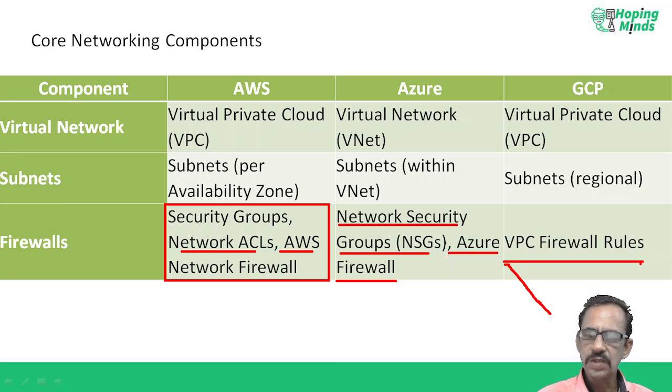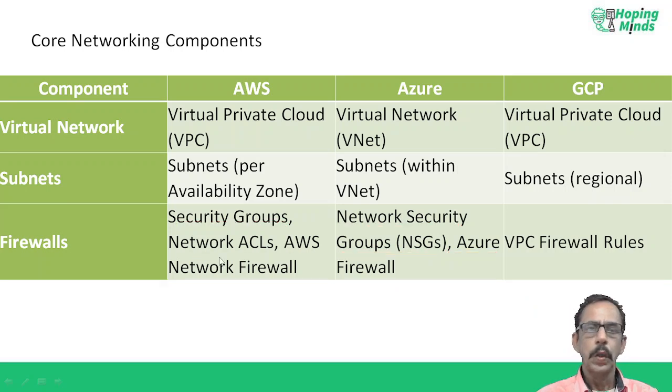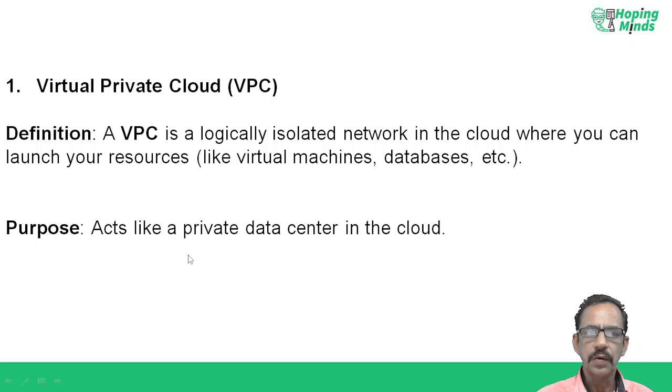No, its firewall is so strong that it's sufficient to protect your entire infrastructure. But in this case, no doubt the firewall is very strong, security group configuration is very strong, NACL itself is very strong. But still, we want to provide as much security as possible. So these are the different components.